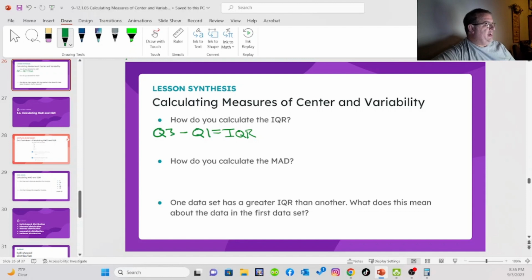The second one asks, how do we calculate the mean absolute deviation? So the first thing you need to do is calculate the mean. Then you subtract the mean from each data point.